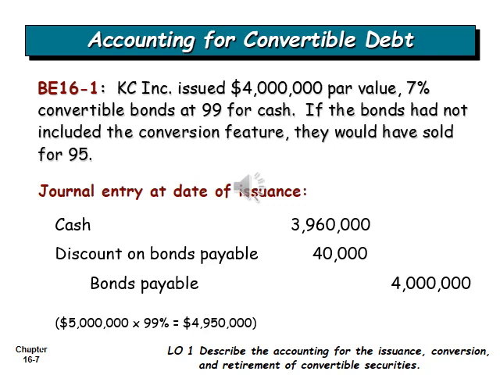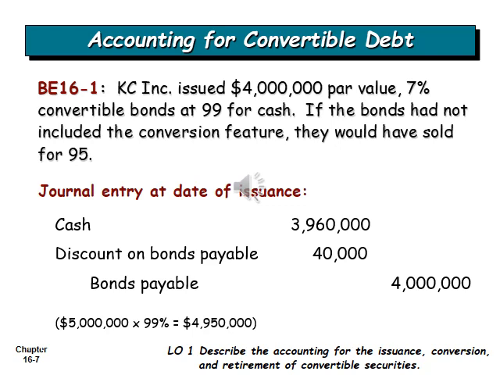Now let's take this example. A company issued 4 million par value 7% convertible bonds at 99% for cash. If the bonds had not included the conversion feature, they would have sold for 95.